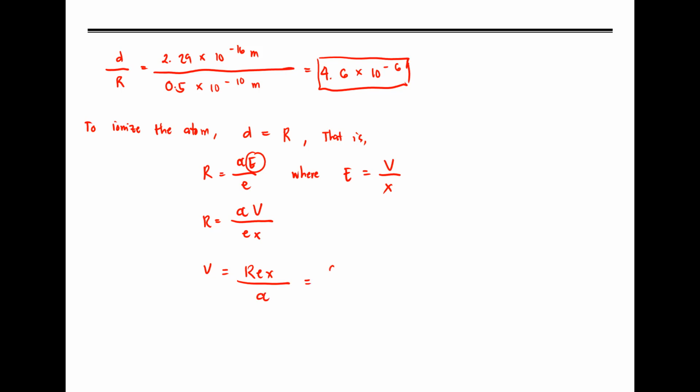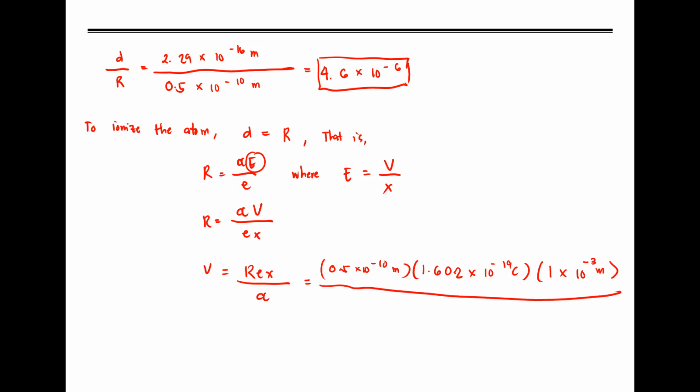Now your R is equal to 0.5 times 10 to the minus 10 meter multiplied by the electron charge, which is the proton charge rather, 1.602 times 10 to the minus 19 coulomb, multiplied by X, which is 1 times 10 to the negative 3 meter, divided by alpha, which is equal to 7.34 times 10 to the minus 41 coulomb squared meter per Newton.